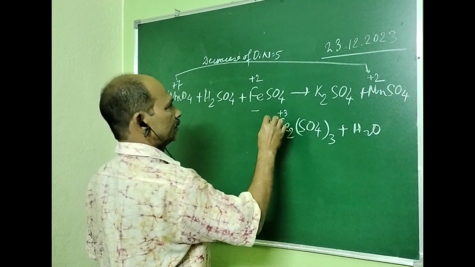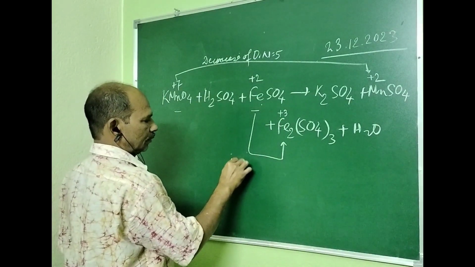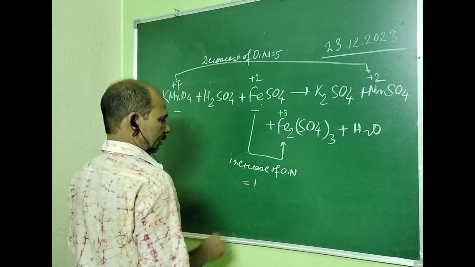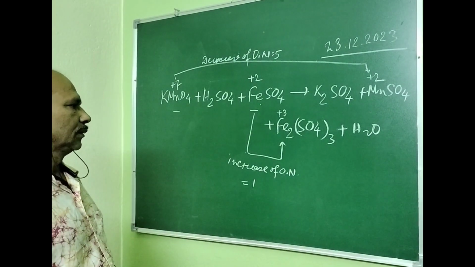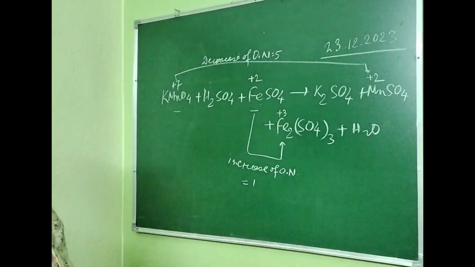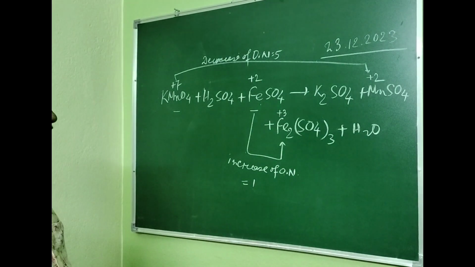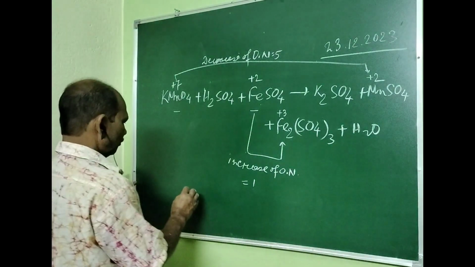And here the increase is from here to here, increase of oxidation number 1 for each iron atom, because to get 1 ferric sulfate molecule, 2 iron atoms are required. So the net increase is +2 into 2 to +3 into 2, that means +4 to +6, that is 2.